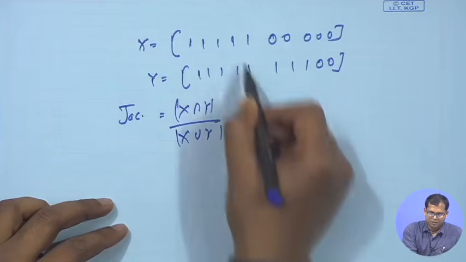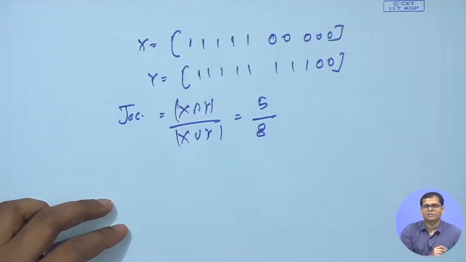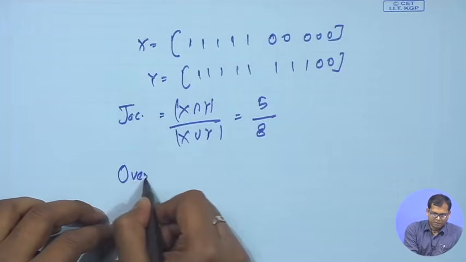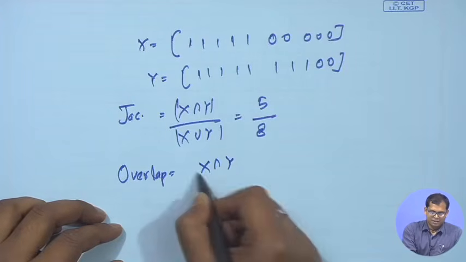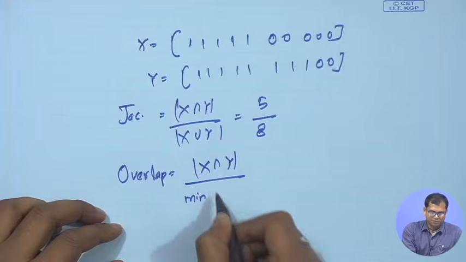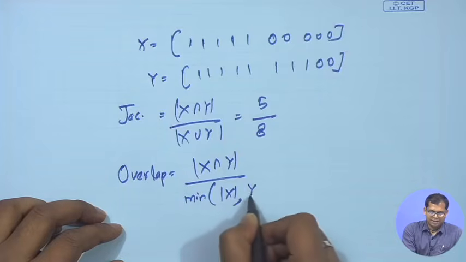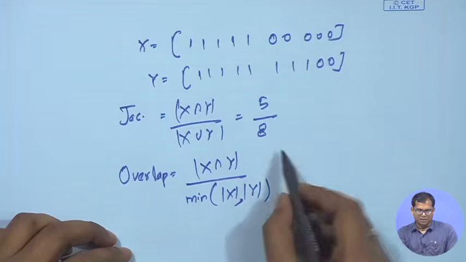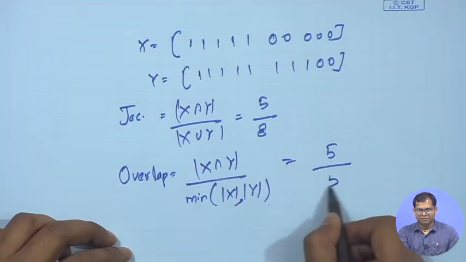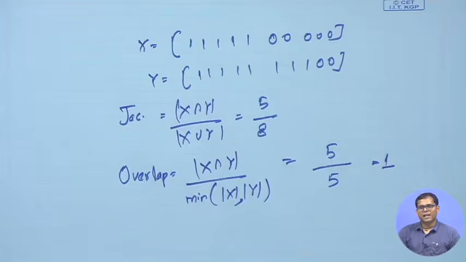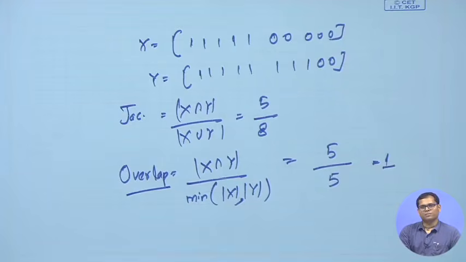So this will be 5 divided by 8. And what will be overlap? This will be x intersection y divided by minimum of x and y. Okay. So this is again 5, and what is minimum for x and y? Again 5. This will become 1. So that is, if one of the vector is completely subsumed by another vector, overlap is 1. Okay, and that will not happen in Jaccard or Dice coefficient.